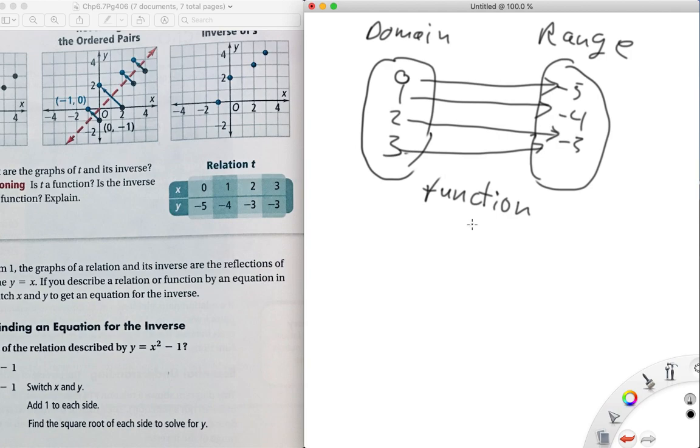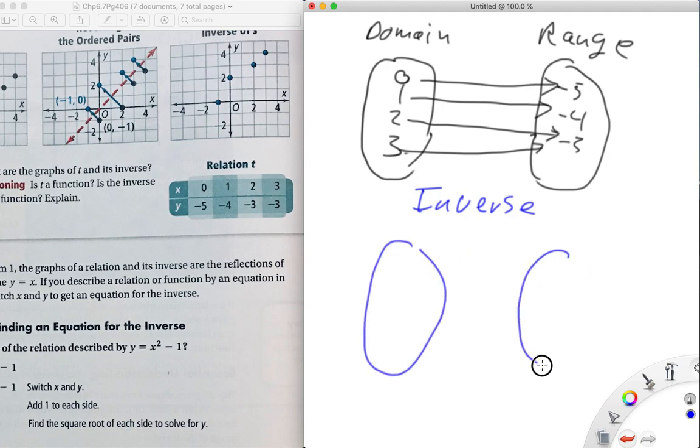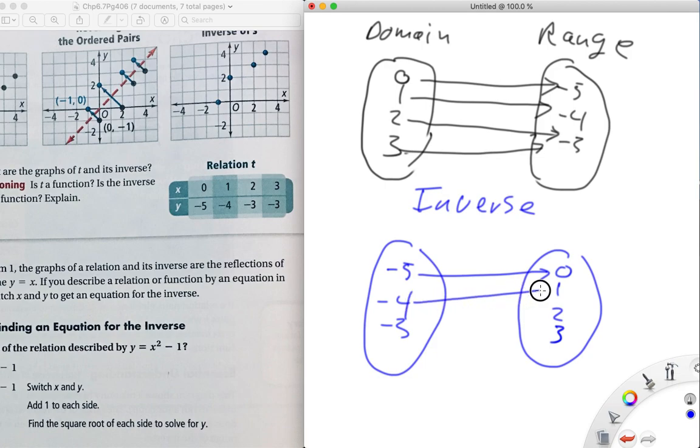So if we do the inverse and we do the domain and range, we switch them. So you have negative 5, negative 4, negative 3, and 0, 1, 2, 3.